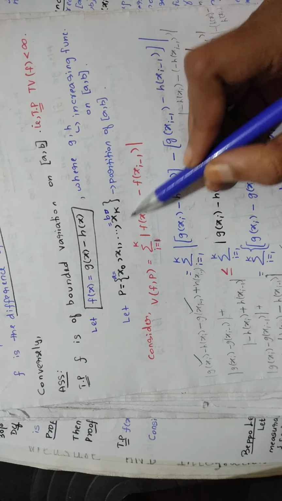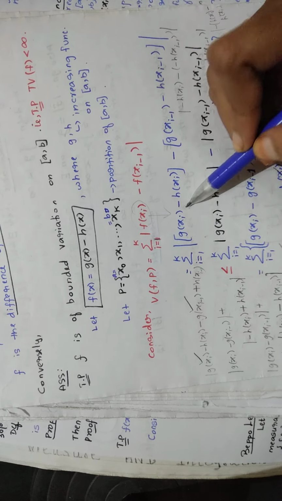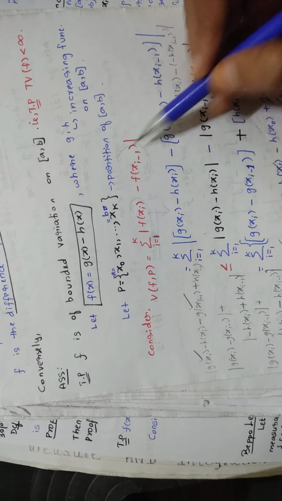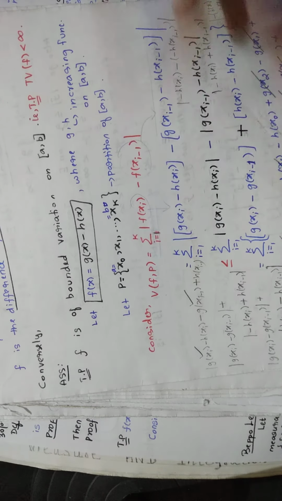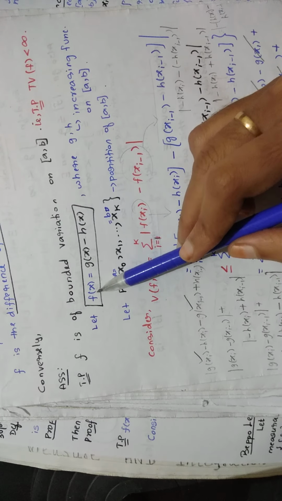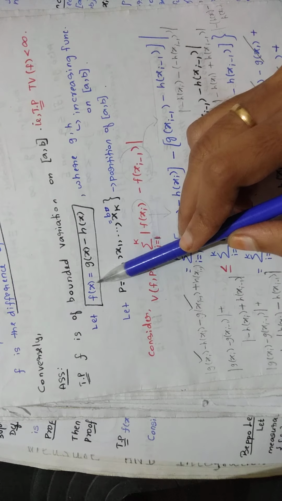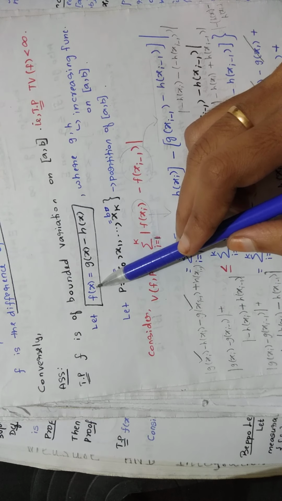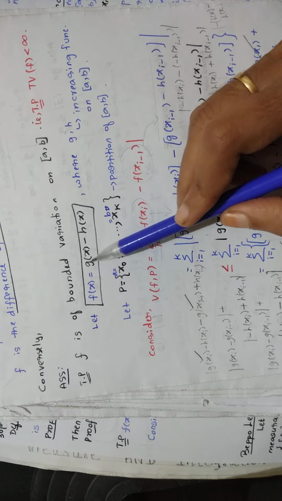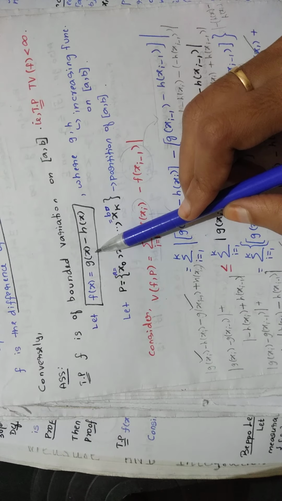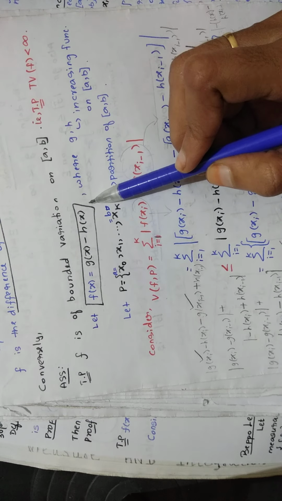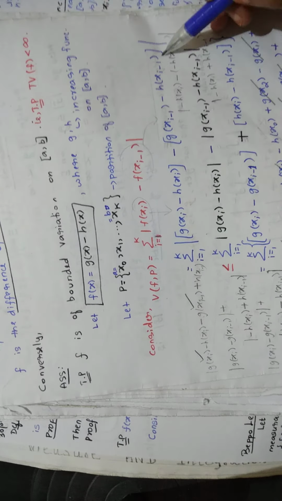In the place of f of xi you are substituting this, and in the place of f of xi minus 1 you are substituting this. How? Using this, okay? If f of xi minus 1, in the place of x now you are having xi minus 1. So you get g of xi minus 1 minus h of xi minus 1. Is that clear? So that is what you are writing.